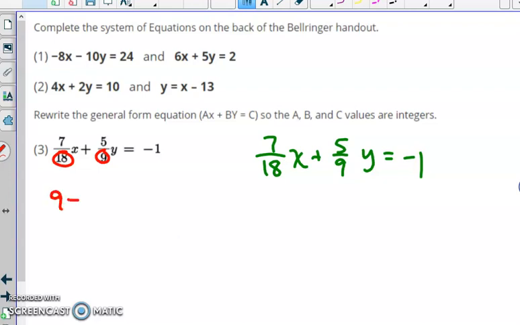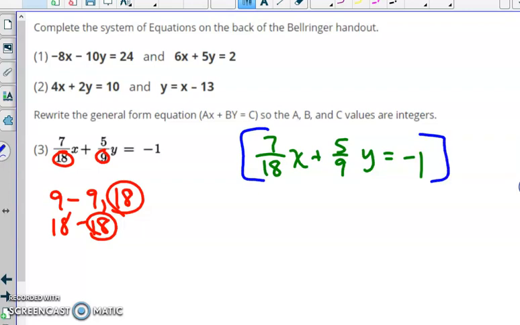If I look at the 9 and the 18, kind of like the system of equations in the previous screen, I'm looking for that first number. If I start listing multiples that both 9 and 18 share, it's 18. So to get rid of the denominator, I'm going to multiply all three terms by 18.